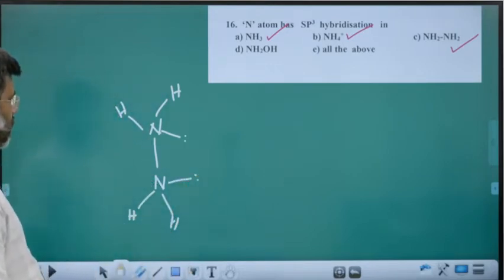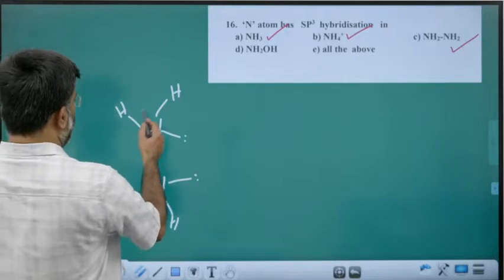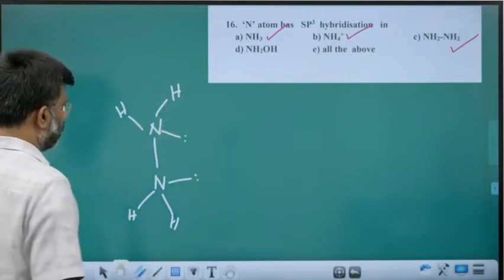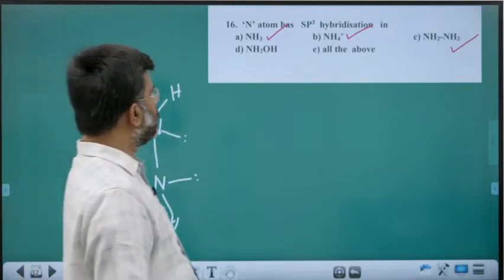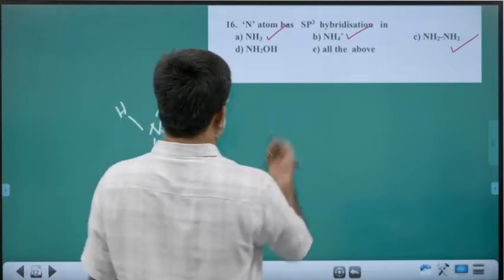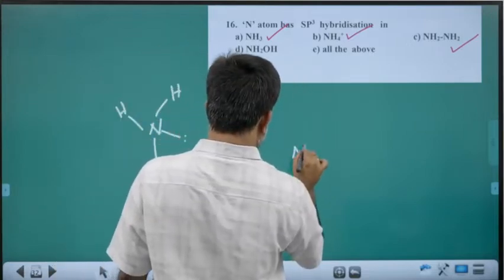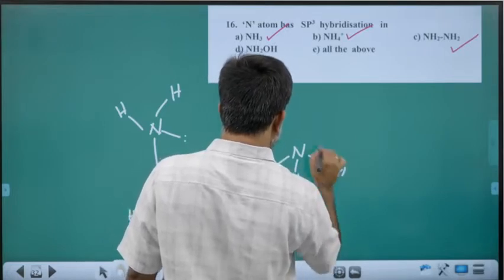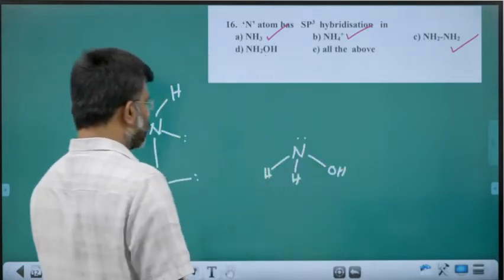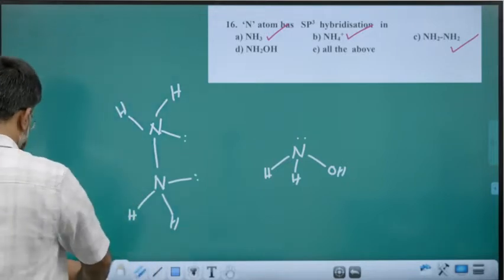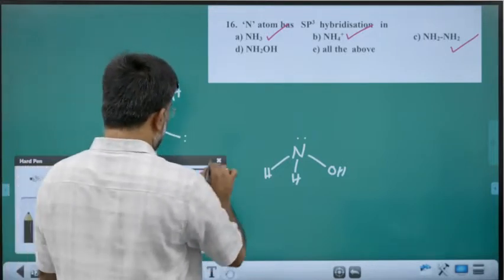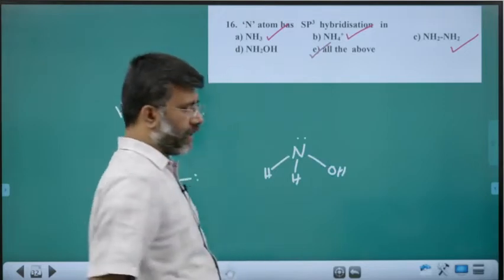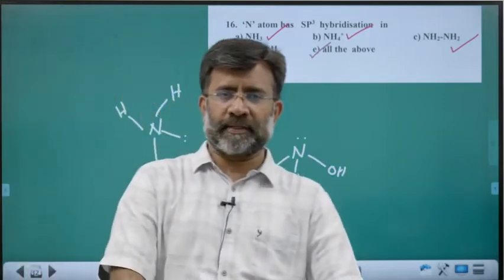You see it is sp3 hybridized: 1, 2, 3, 4 electron pairs. NH2OH, hydroxylamine, is also sp3 hybridized. Answer is all. All are sp3 hybridized.